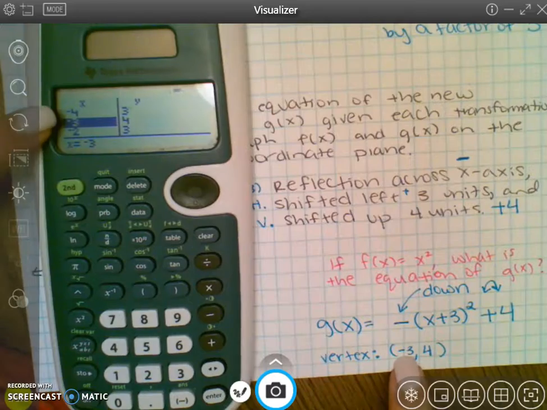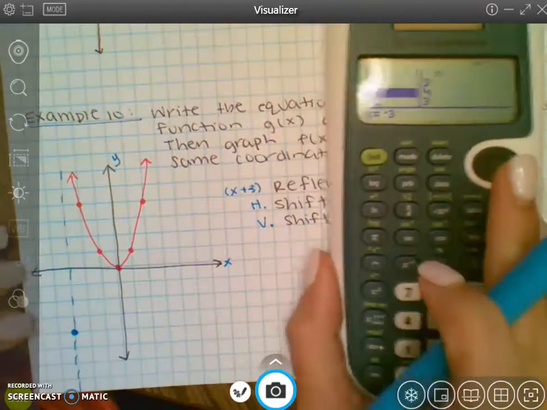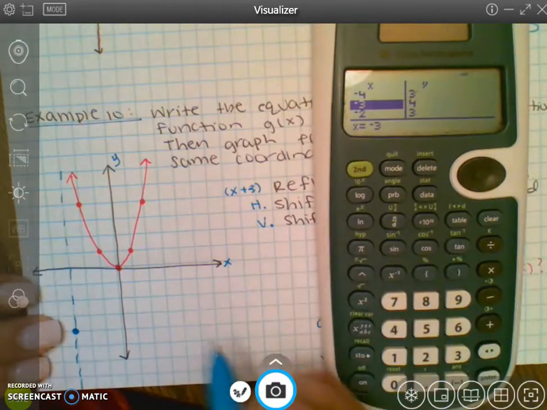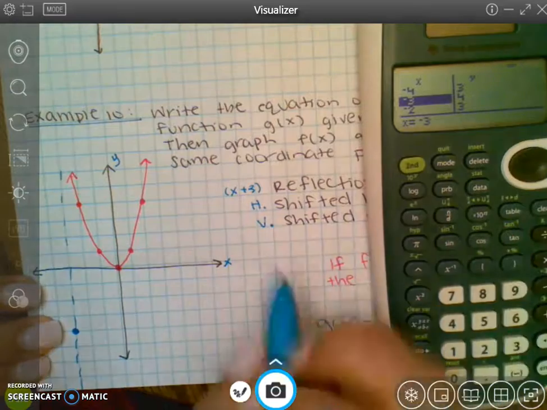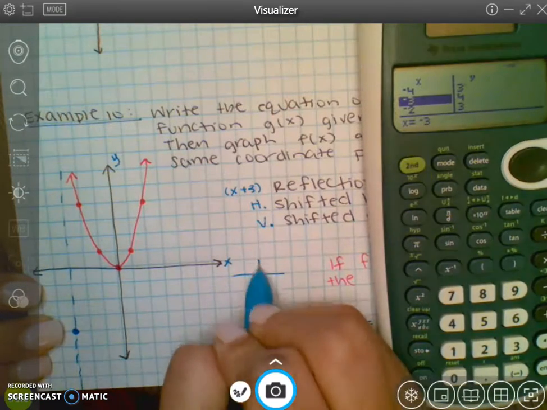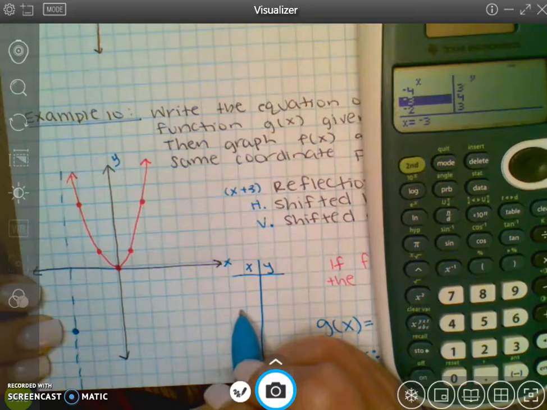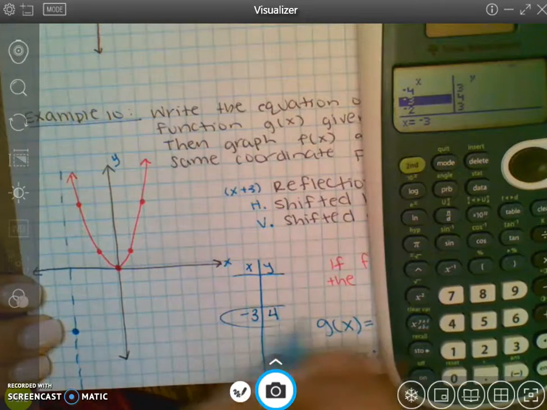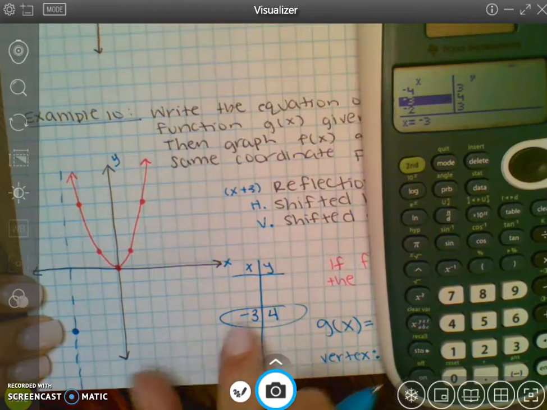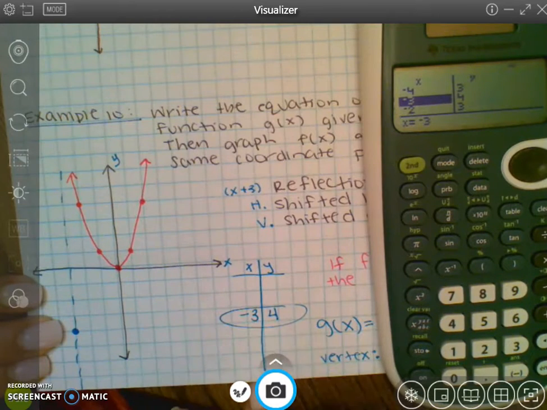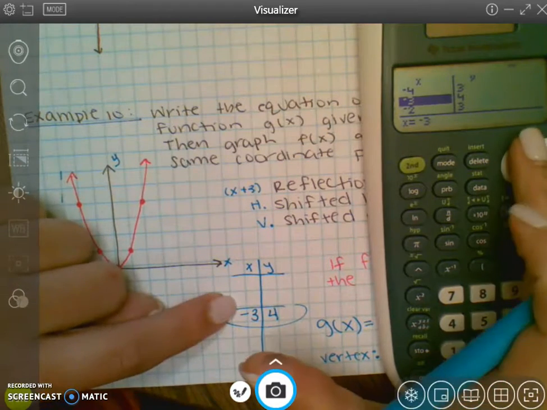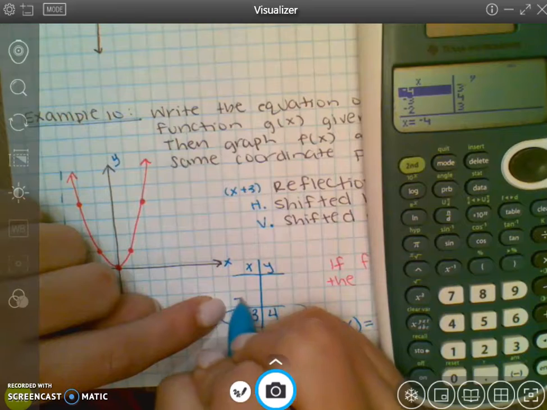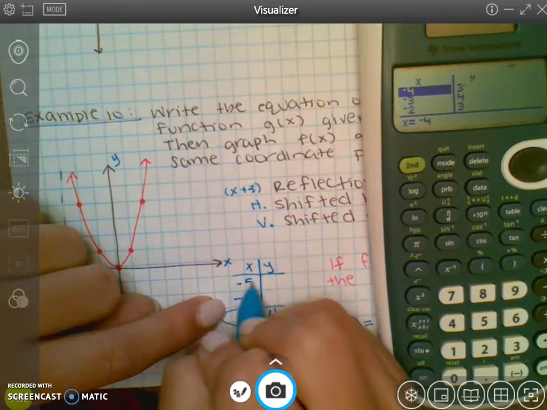So the points I'm going to graph, I'm actually going to make a little table so you can see it. I'll write it right here. Okay, so when I do my table, x, y, I want the middle of my graph to be my vertex. Okay, so this right here is my vertex. That's going to be in the middle. I'm going to choose 2 points before it and 2 points after. So -3, then -4 is smaller and so is -5.